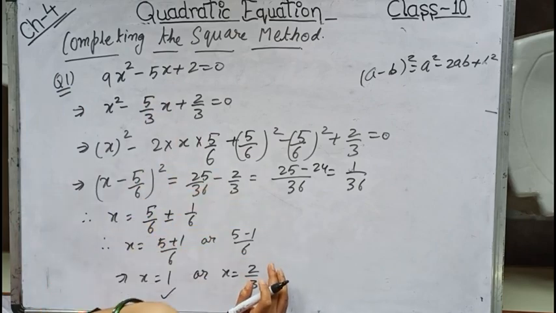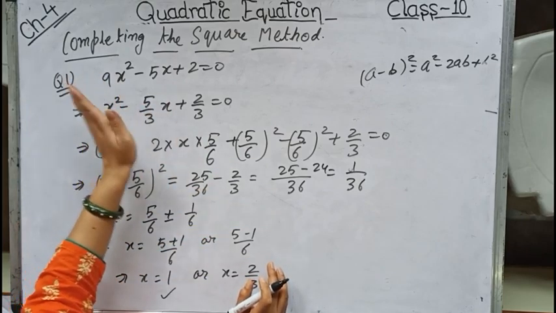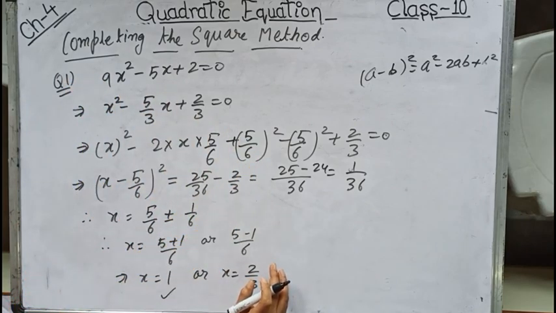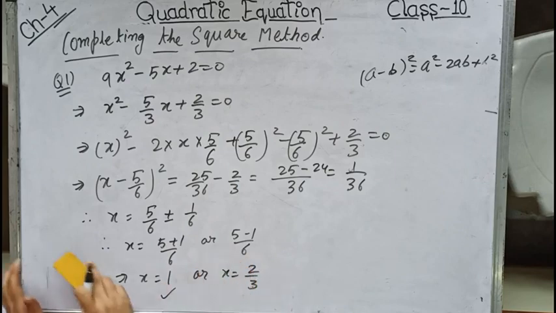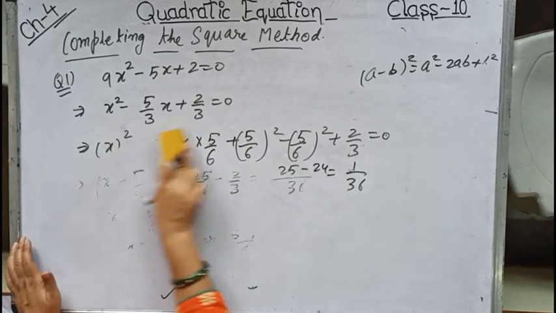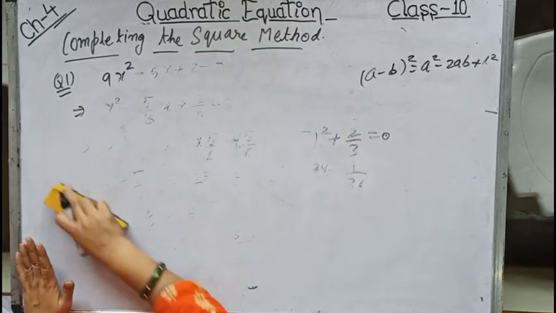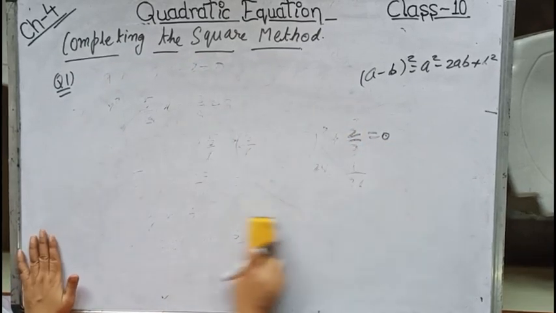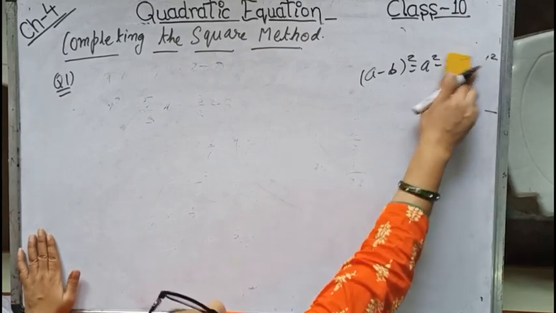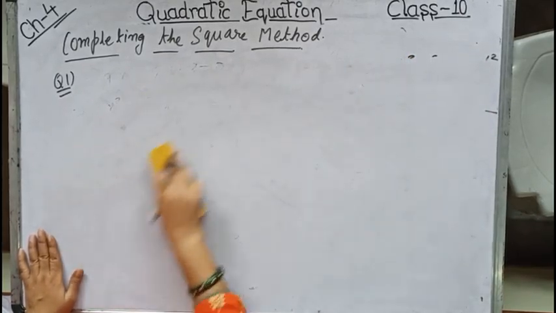So we will proceed as such only, that is making it 3x whole square and hence arranging the other terms. So now I think you understand. The method of completing the square means to make a complete square, either a plus b whole square or a minus b whole square.